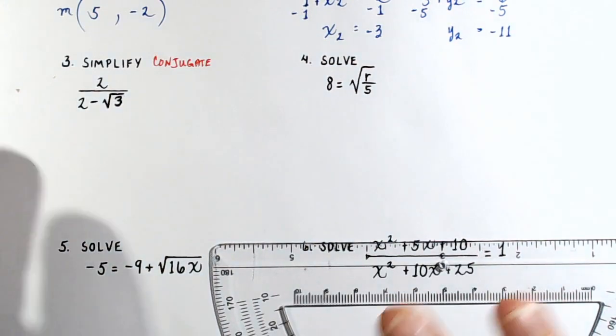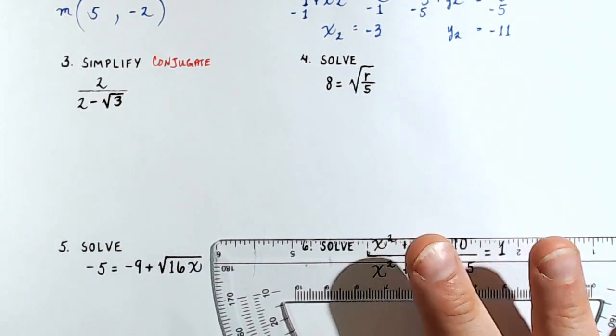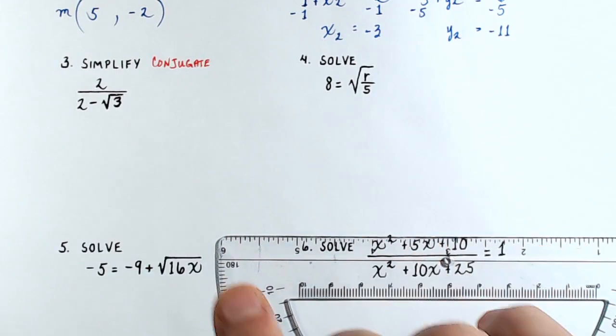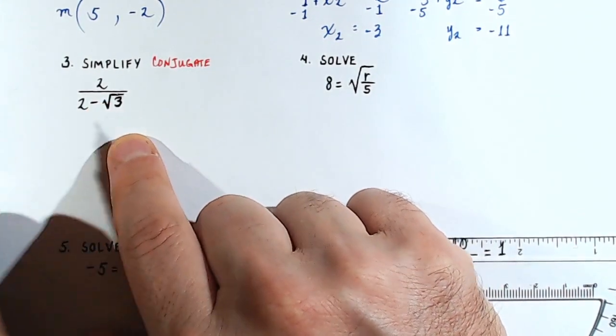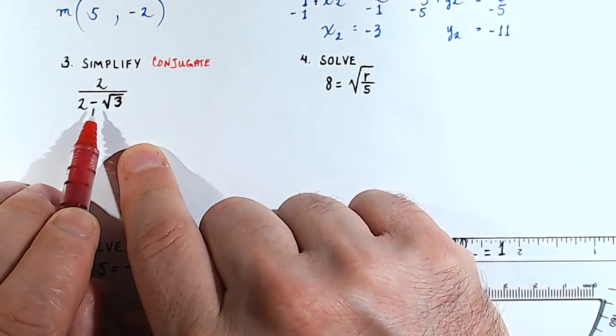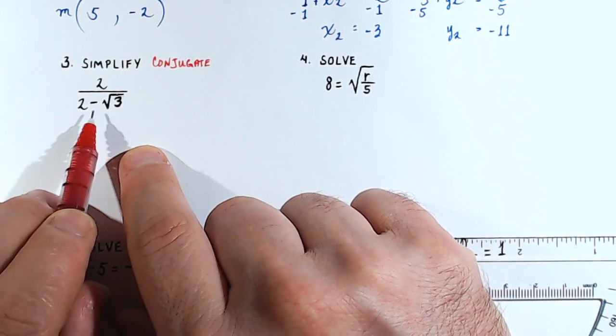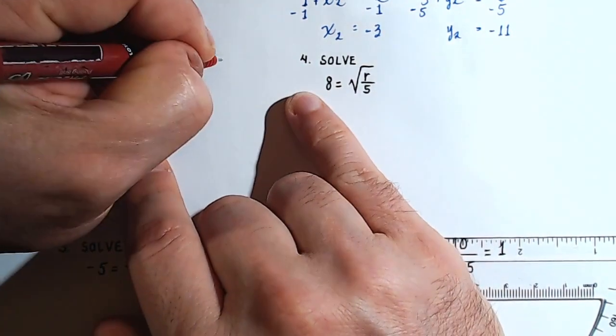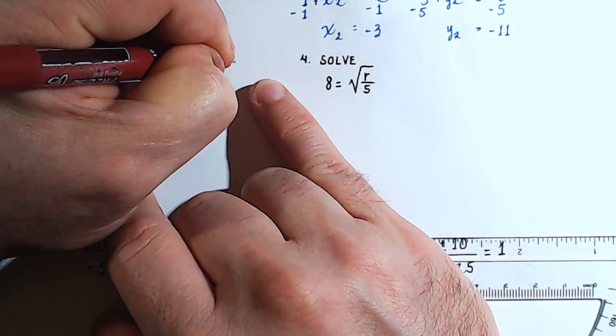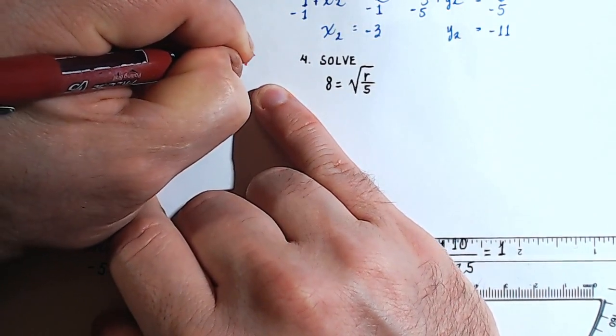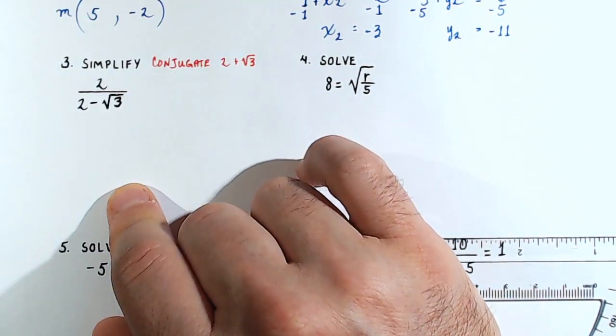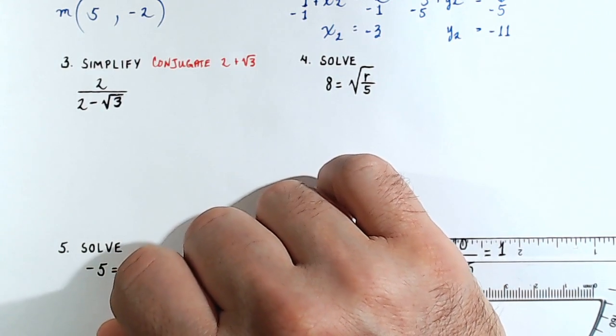Conjugate. You see that word in Spanish. The conjugate for this expression is 2 plus square root 3, because this is 2 minus square root 3. The conjugate would be 2 plus square root 3. So watch what we do here.